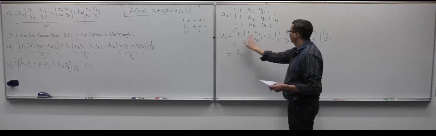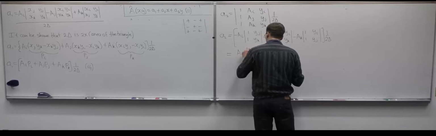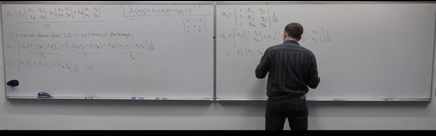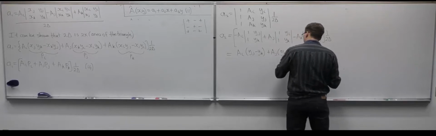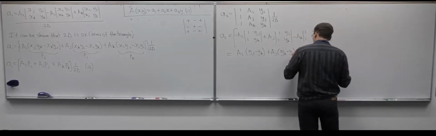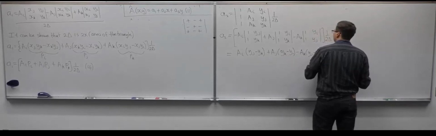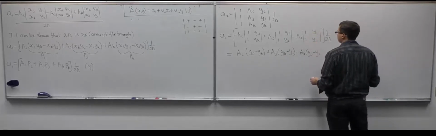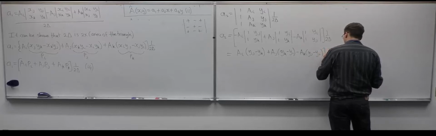There's a sign in the front, so the sign changes, and we get y_j minus y_k, plus a_j times y_k minus y_i, minus a_k times y_j minus y_i, and that's 1 over 2 delta.